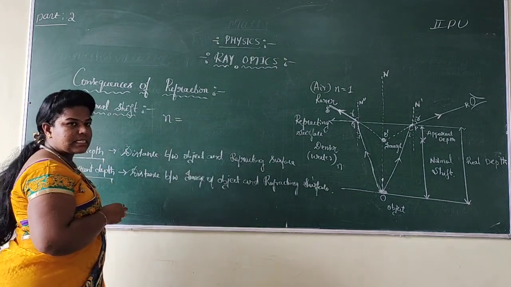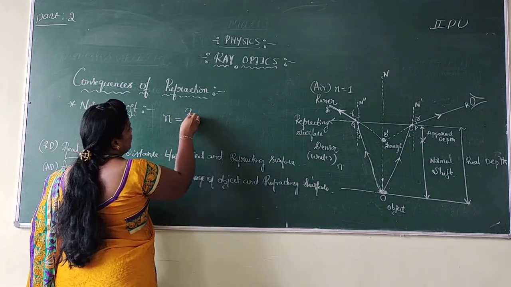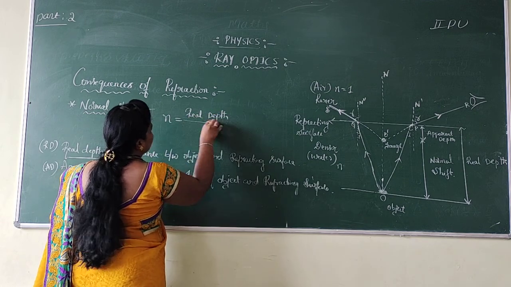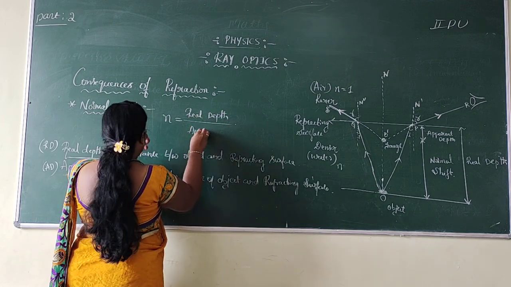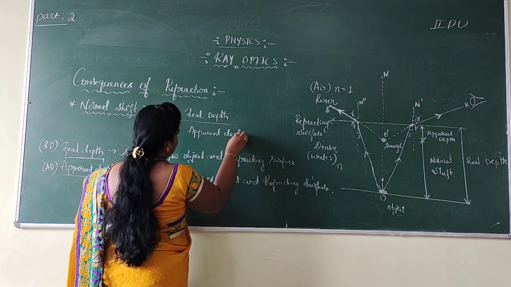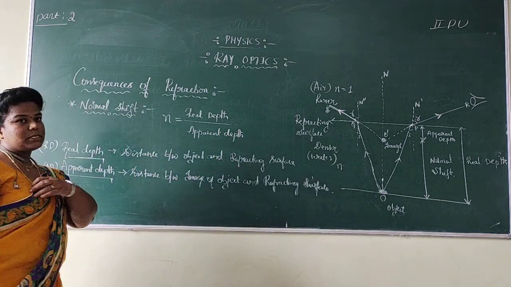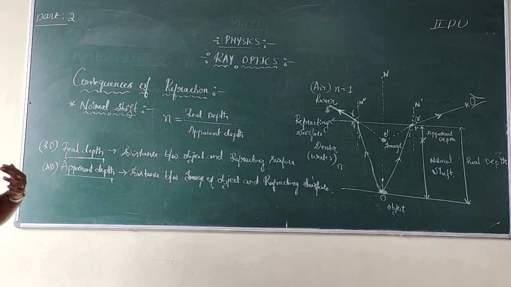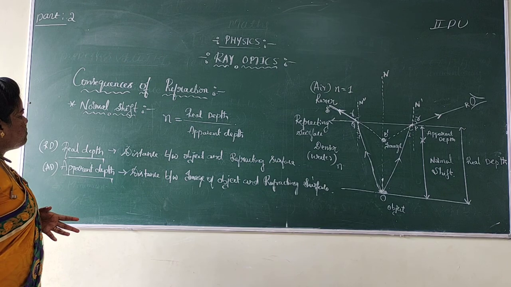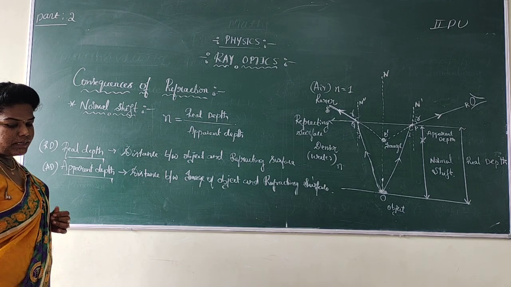Refractive index is the ratio of the real depth divided by the apparent depth. We can use this formula for the calculation of the refractive index, and also for the calculation of real depth and apparent depth. This is about normal shift, my dear students.